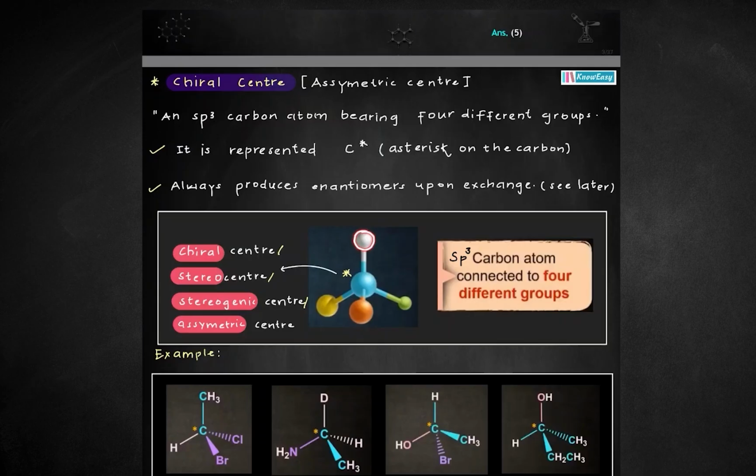Here is the white part, the yellow part, the orange part, and the green part, showing that 4 different groups or atoms are attached to it. So this atom is sp3 hybridized, plus it has 4 different valencies attached. That means we can call this the chiral center. Got it? I hope it is very clear to you.